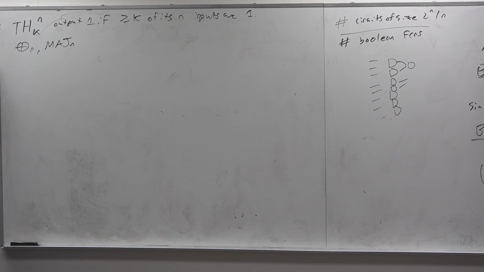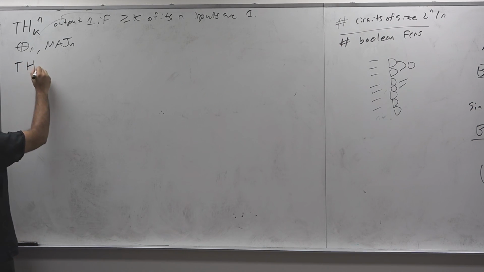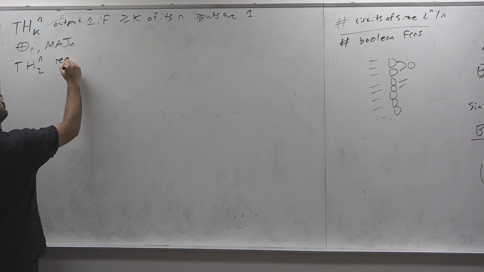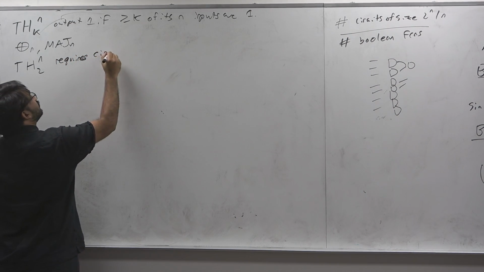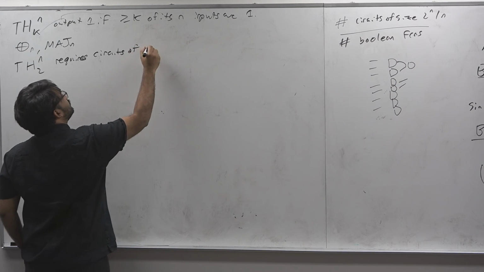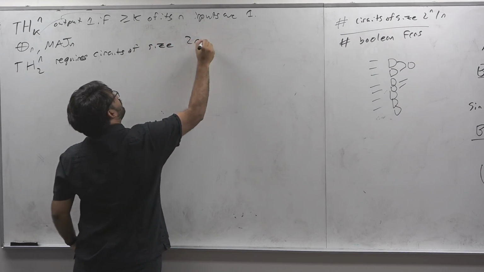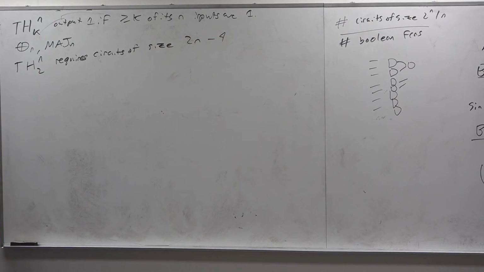Fine. We can prove that threshold of 2 to the n requires circuits of size 2 to the n minus 4. First off, not a very good lower bound. It's linear, and it is not a big O either. It's just literally a 2 to the n minus 4. Here's kind of the core idea in the proof.